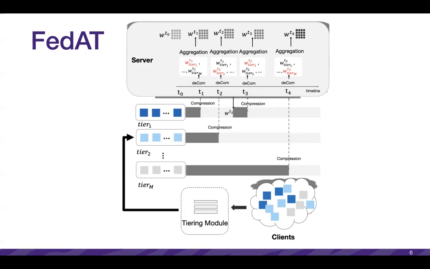Yes. Yeah, they propose a new aggregation rule where the more frequent tiers have a lower weight for the overall aggregation, right? Yeah, to reduce the bias. Okay, thank you.